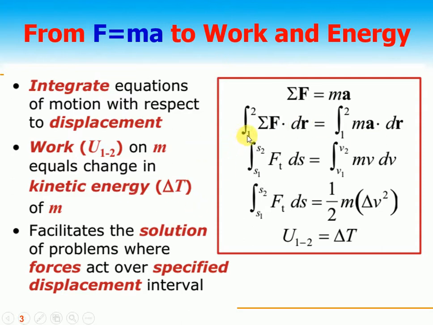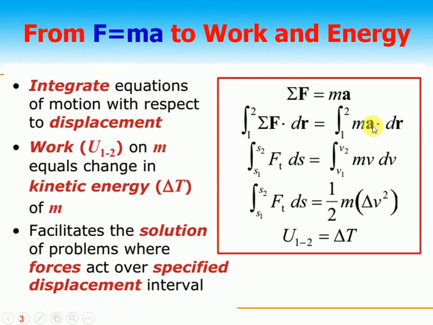If we integrate from point 1 to point 2, and put F equal to ma into dr, this can be written as Ft ds, the tangential force from S1 to S2, or it is mv dv, because a dr is equal to v, a ds is equal to v dv.